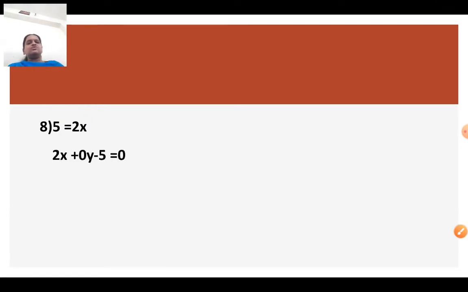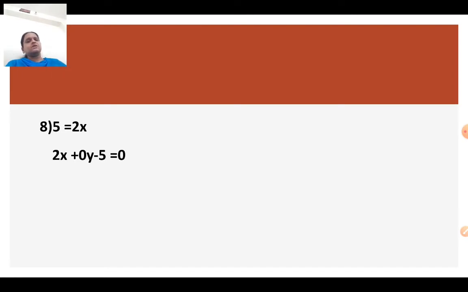So here I am shifting the pi to the other side and it will become 2x, and the y term is missing, so I will take y as 0y. So 2x plus 0y minus pi equal to 0. So what is the next step?